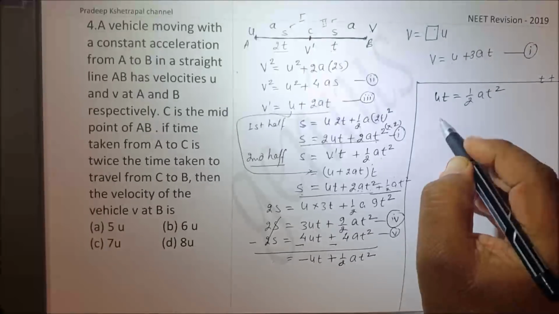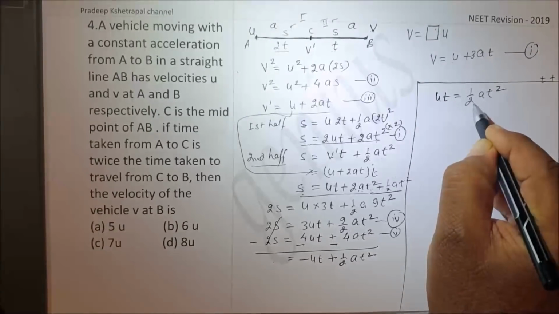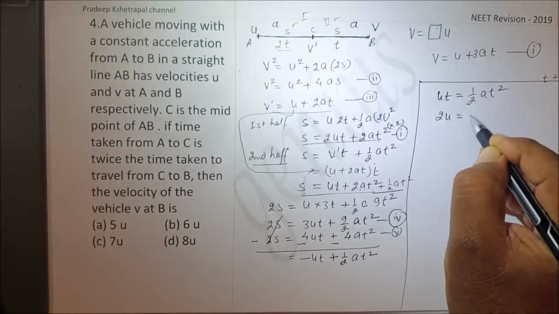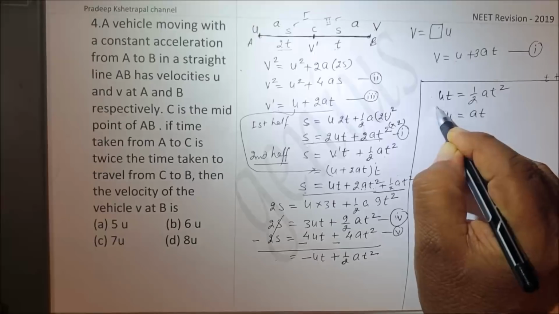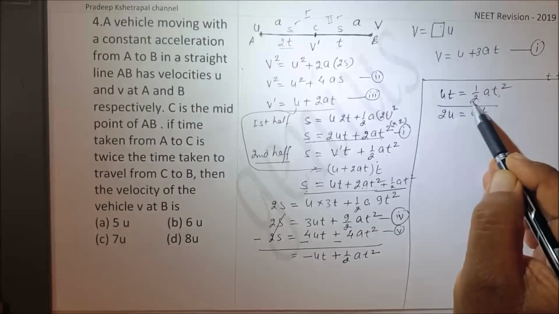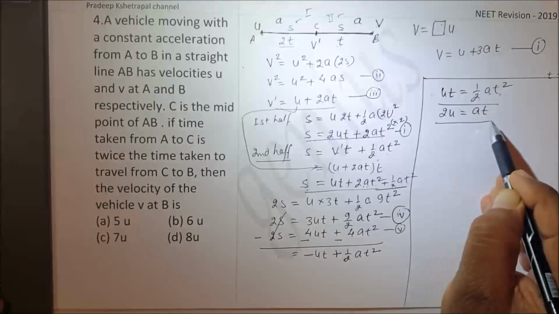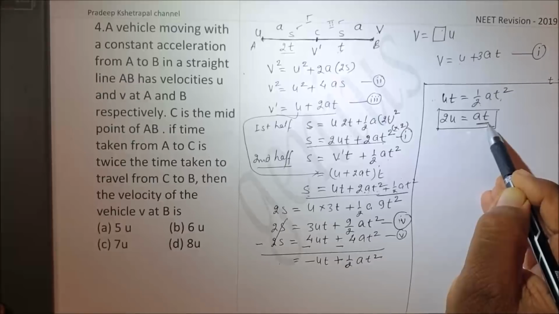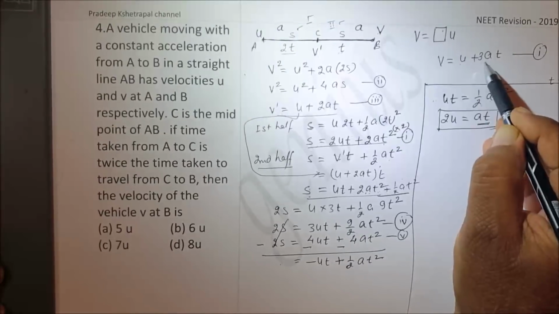Cancel t from both sides, so 2 multiply here, so this is 2u is equal to at. Yes, t is cancelled, this is at, 2 will come here, 2u is equal to at. We got the value of a into t and we need it here.